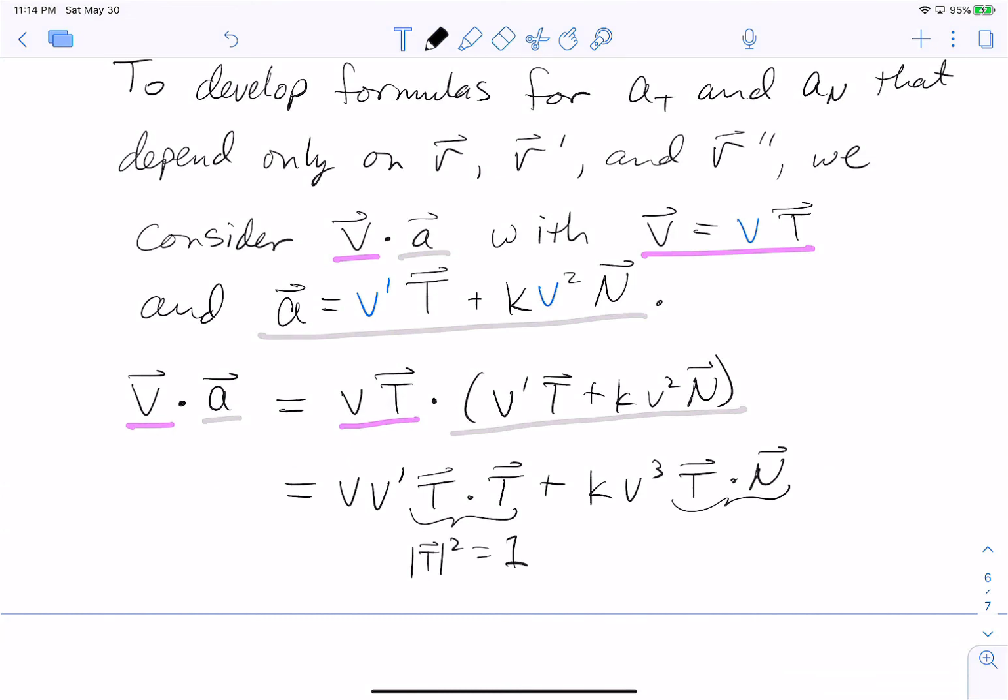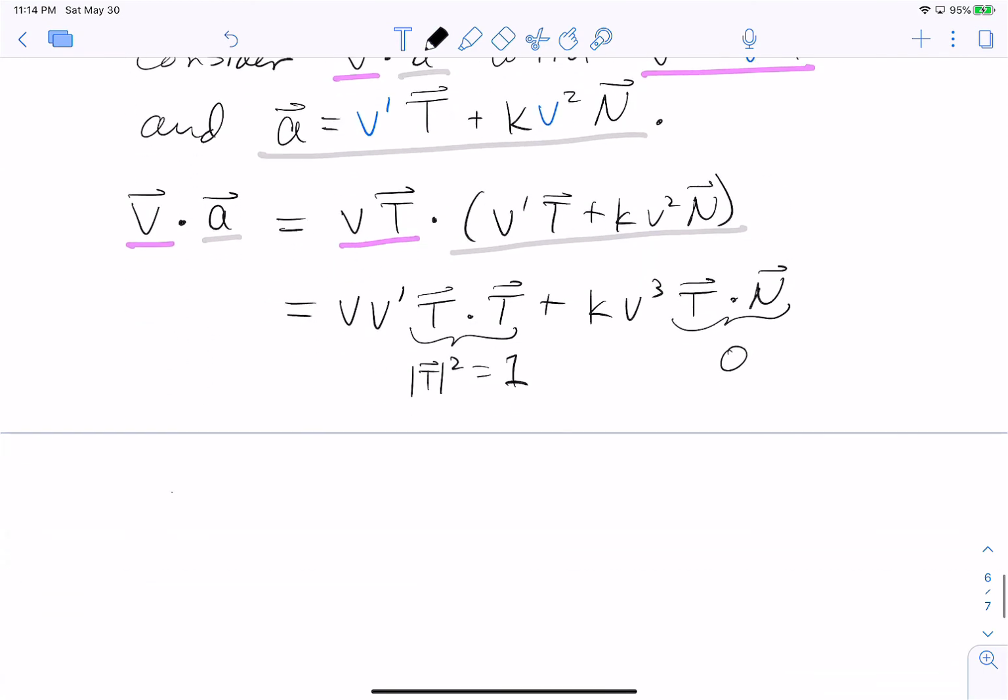Since T and N are orthogonal to each other, that dot product is 0. We can clean this up then and say that v dot a is simply v times v prime, which means we can express v prime as v dot a over v.